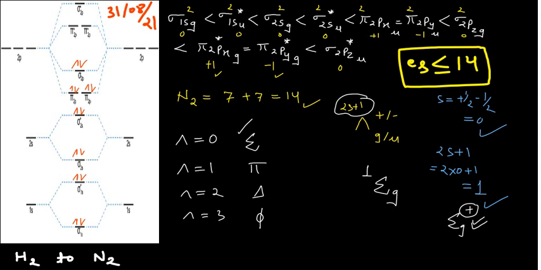That means if you put the sigma v in the wave function, then the sign will not be changed. So you will put positive here. So for the nitrogen molecule, not 1 actually, very sorry, for the nitrogen molecule your molecular term symbol would be 1 sigma g positive.